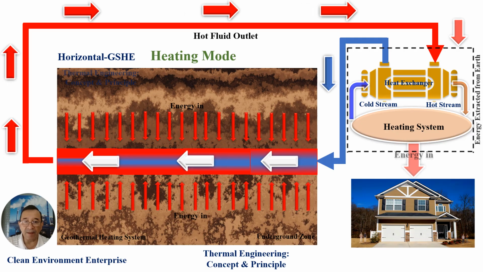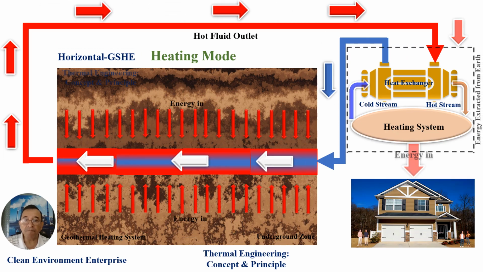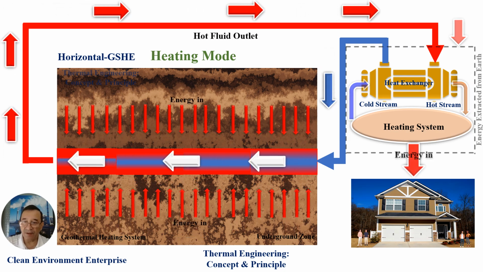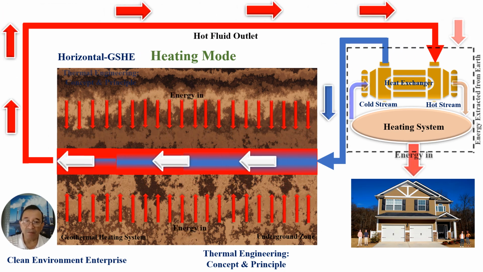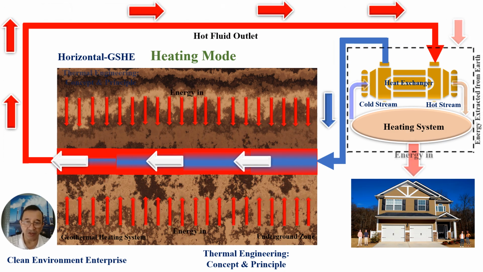And now let us move to the horizontal ground heat exchanger. The system is similar to the previous one, except that the ground part is composed of the ground and a horizontal heat exchanger.